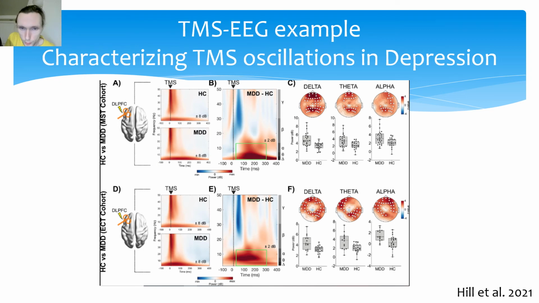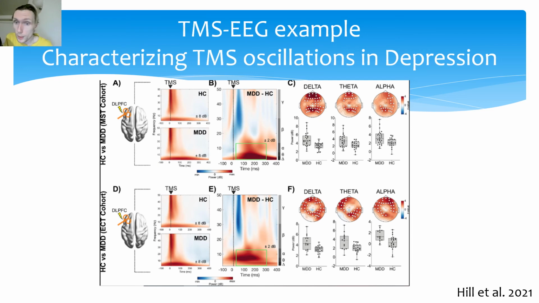And they measured this by applying a TMS pulse over the dorsolateral prefrontal cortex, which is based on a lot of research probably involved with depressive symptoms. So without going into too much detail about the study, because this was quite an elaborate study, it shows how we can find causal markers of, for example, a disease such as depression.